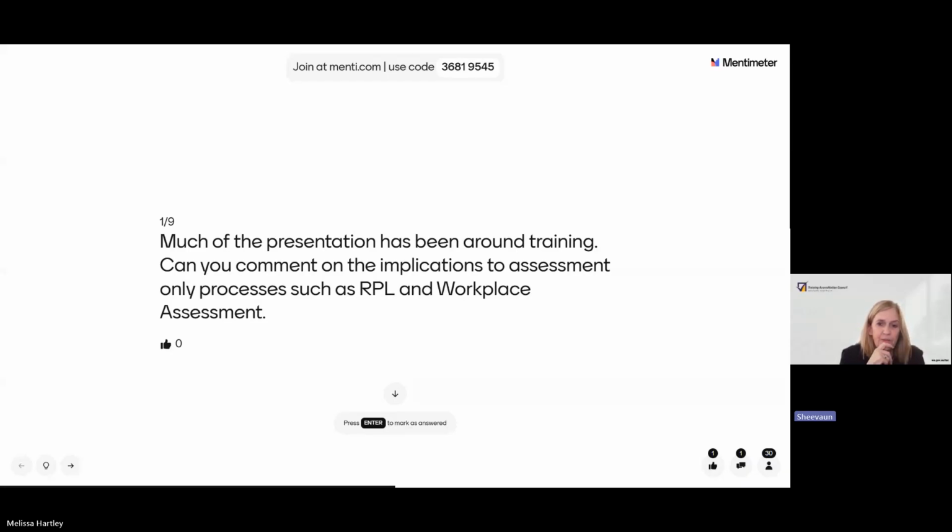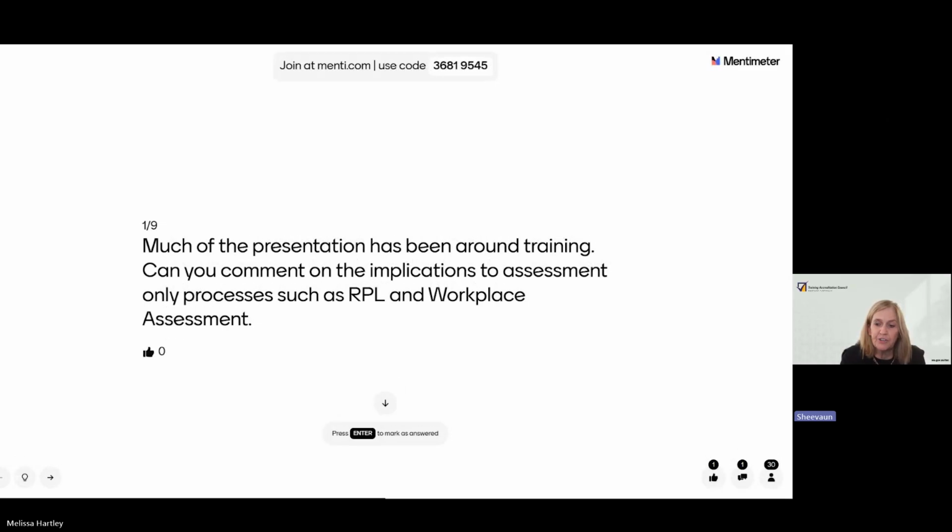Can you comment on the implications to assessment only processes such as RPL and workplace assessment? The procedure that you develop, you're still going to have to make sure that information is provided up front, and that the students are advised up front. In many ways, it's no different, because if you think about it, the RPL process, only in the last few years I applied to do a qualification through RPL.